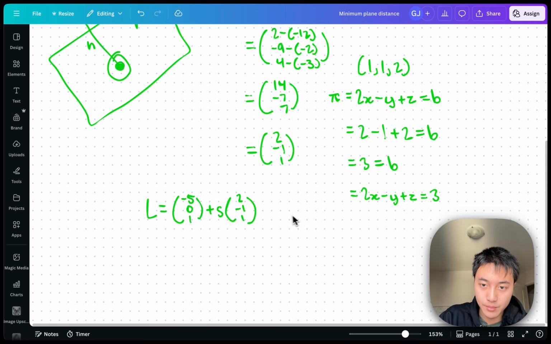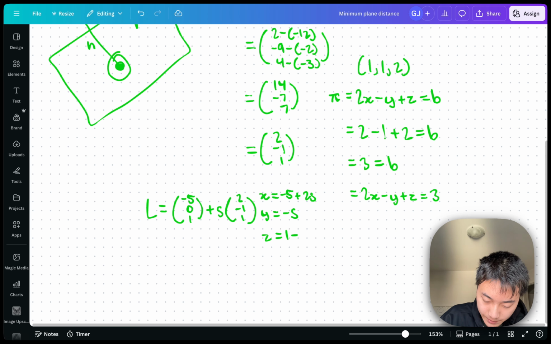But first we need to convert this into parametric form. So x equals -5 plus 2s, y equals -s, z equals 1 plus s. Okay, and then we can sub this in here.